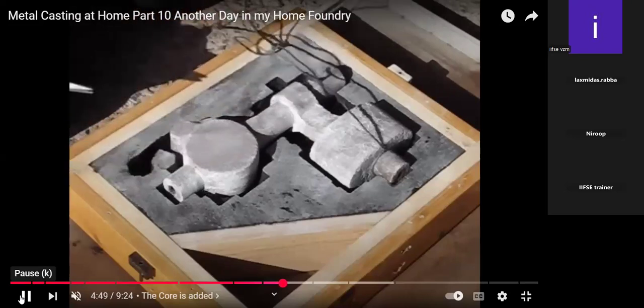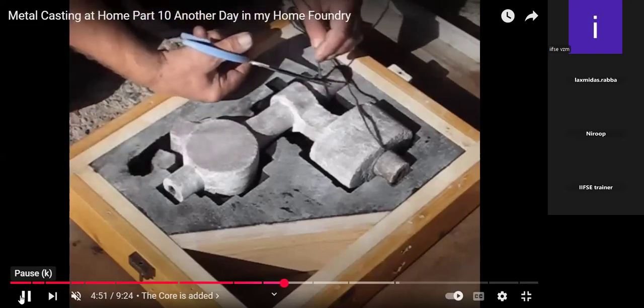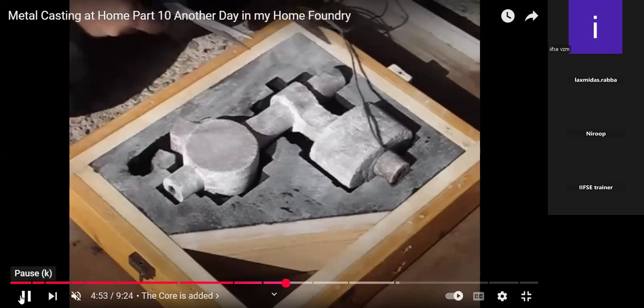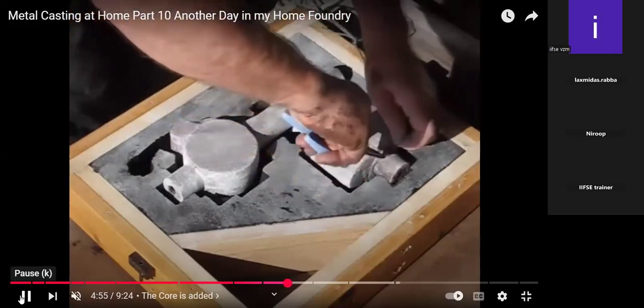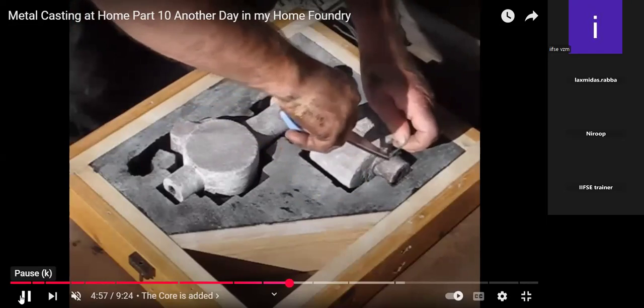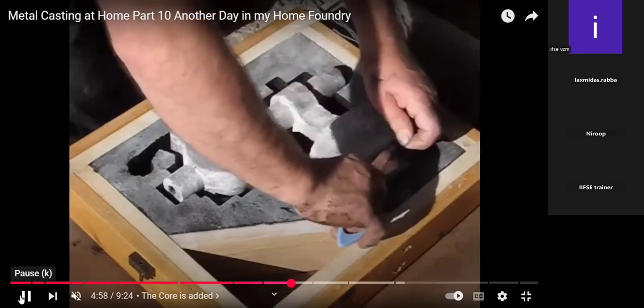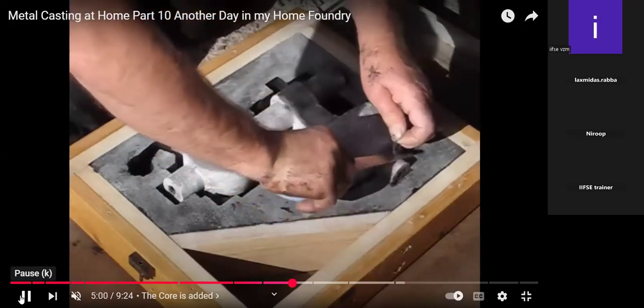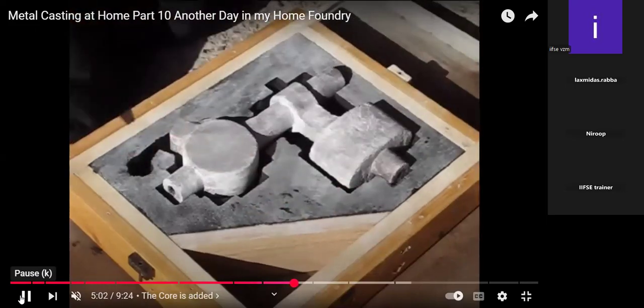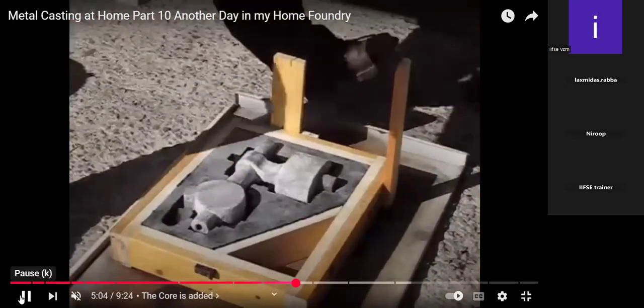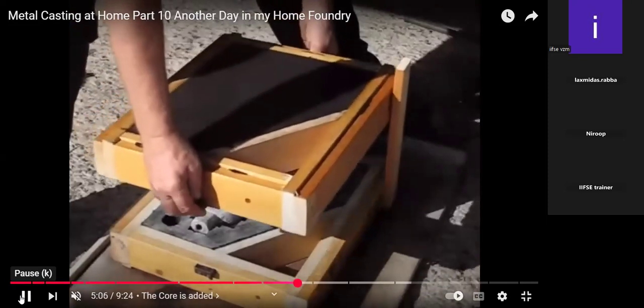Then after this, he will put the top portion of the mold, so that it will create a complete shape.